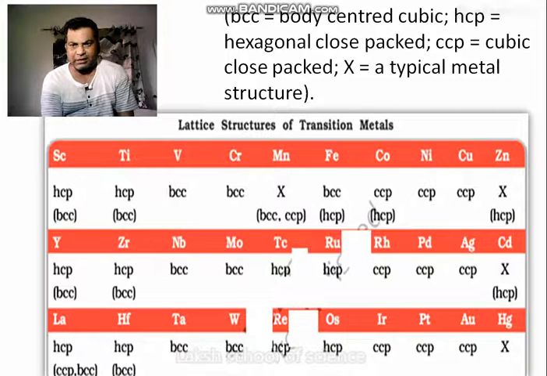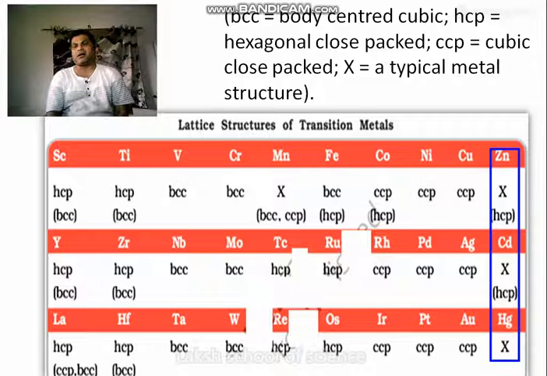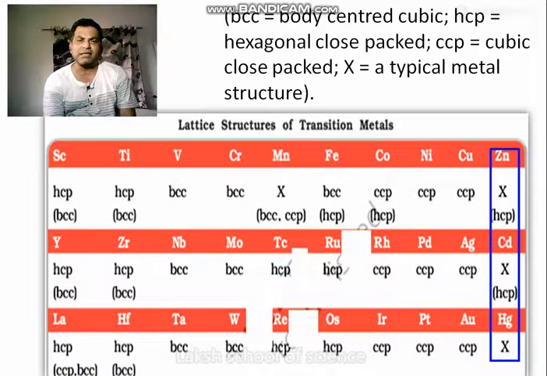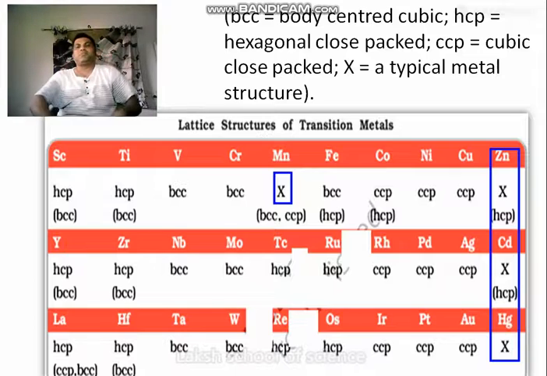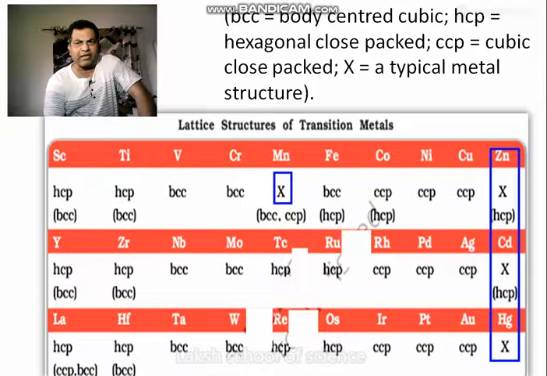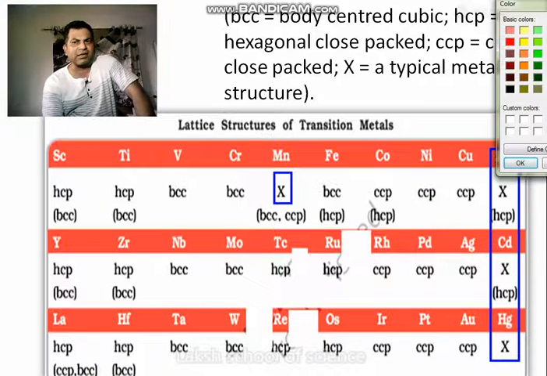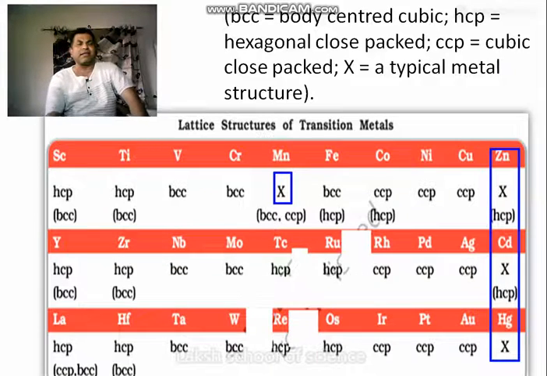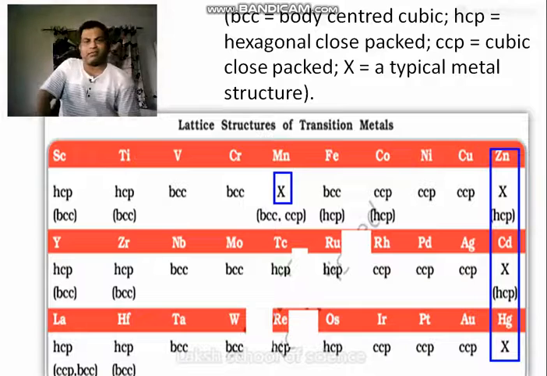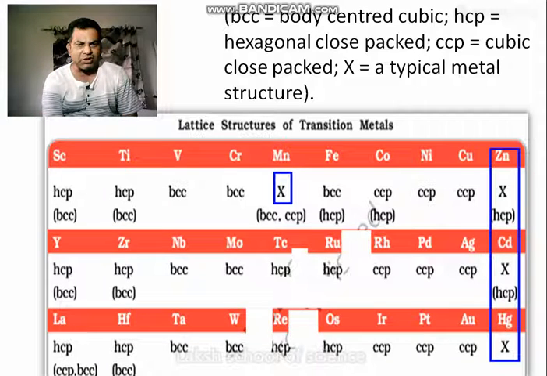Zinc, mercury and cadmium, I am making a group for you so that you can understand that these have a typical metallic structure. The rest all have good structures, only those joined in the blue color you can understand differently in the series. Okay, so that is also an interesting talk, why they are behaving differently.